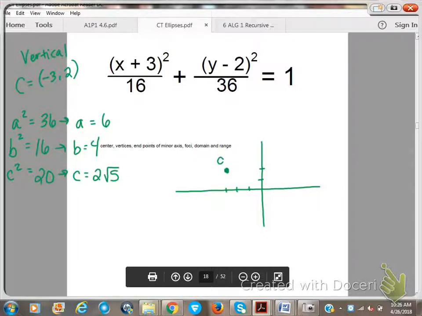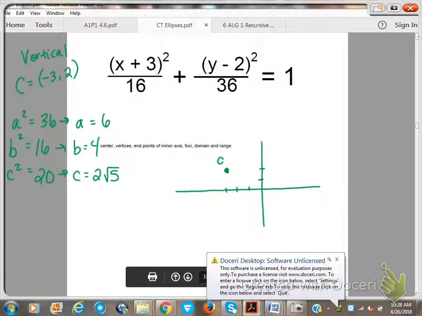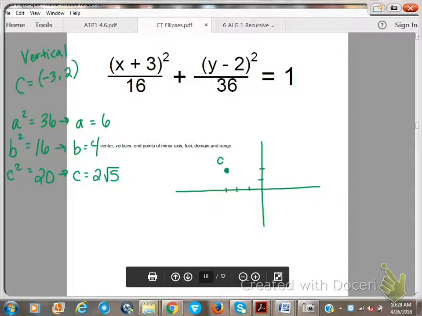Since this is vertical, go up 6, and you also have to go down. Good. All right then. So we're going to go up 6, and we're going to go down 6.